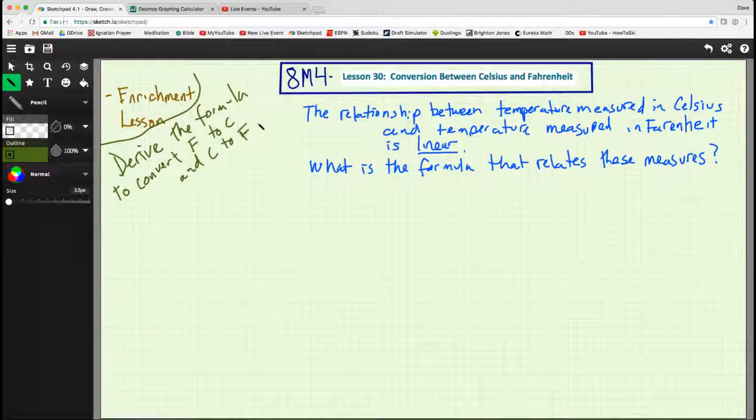Now, just to be extremely clear, Celsius and Fahrenheit are measures of temperature.